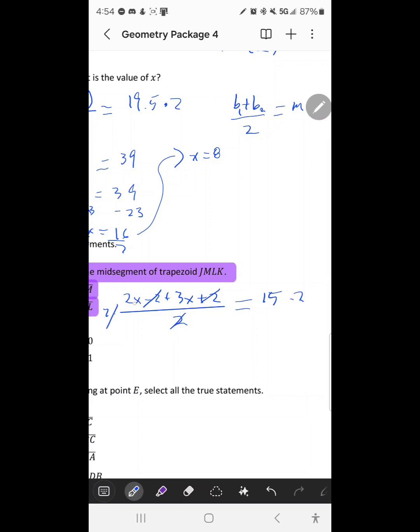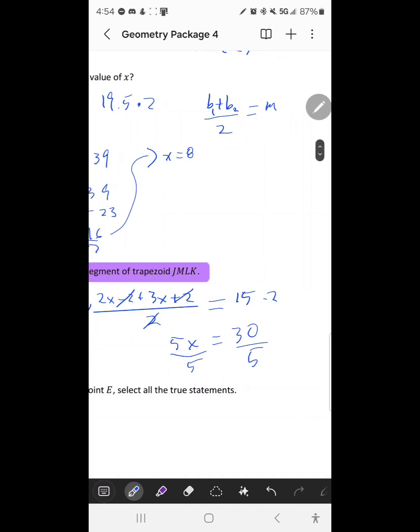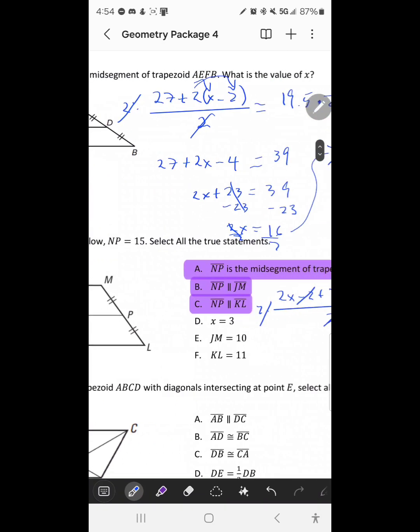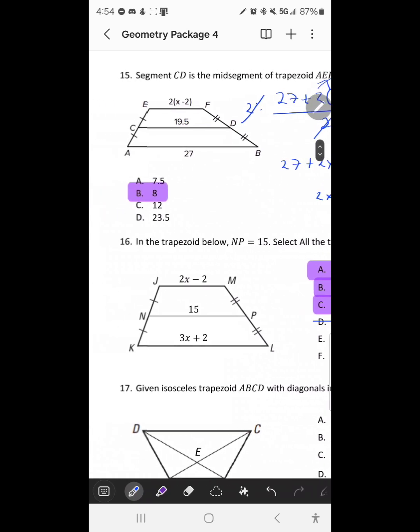So 2x plus 3x is 5x, and then 15 times 2 is 30, and we divide by 5. And we get x equals 6, since 30 divided by 5 equals 6. And no, that's not the value of x. Now I say that JM equals 10.